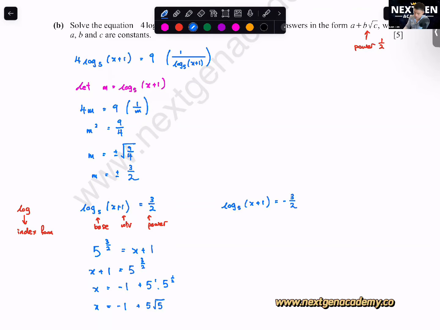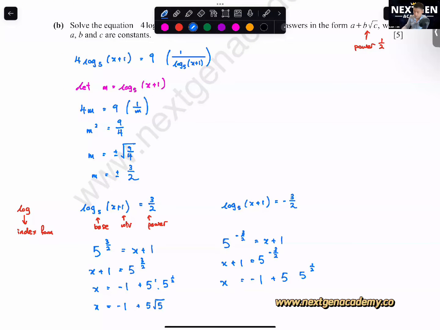Okay, we do the same thing for this. This one, 5 to the power of negative 3 over 2 equals to x plus 1. This one you all can straight away write into this form also if you want. So how do we split this up? 5 to the power of negative 3 over 2. Power negative 3 over 2. So I have to ask myself, right now I want a 5 to the power of 1 over 2, right? So I need to plus 1 over 2.